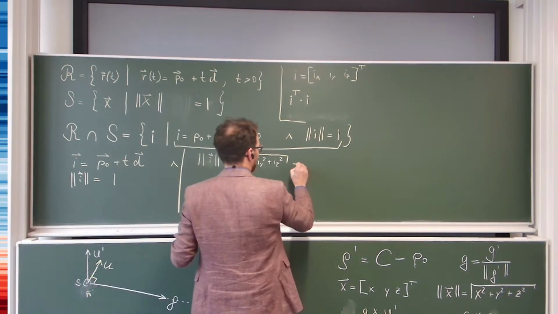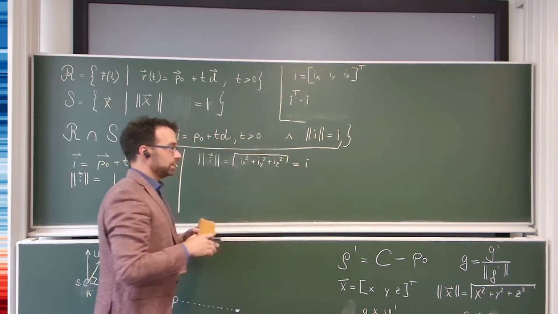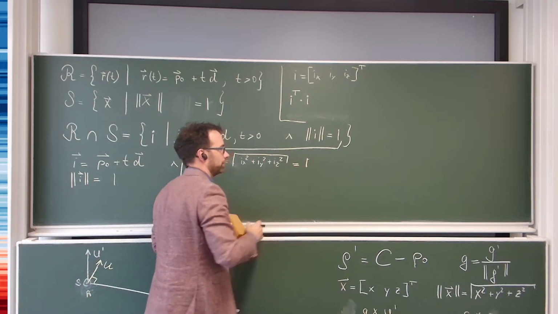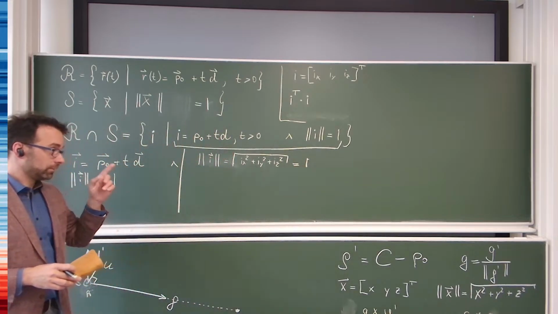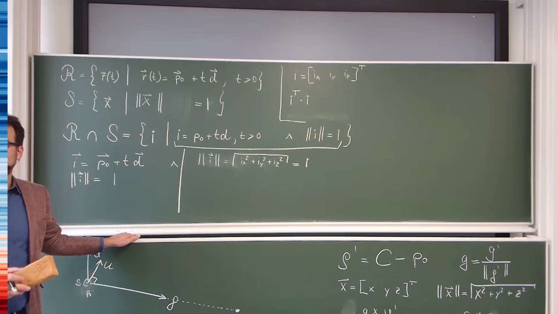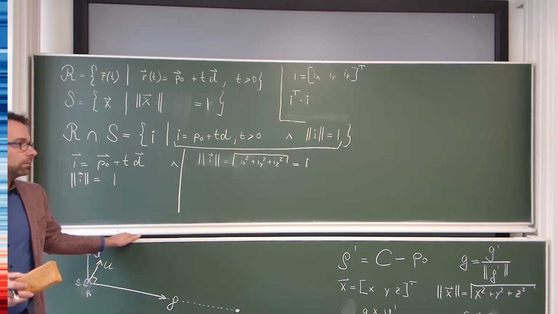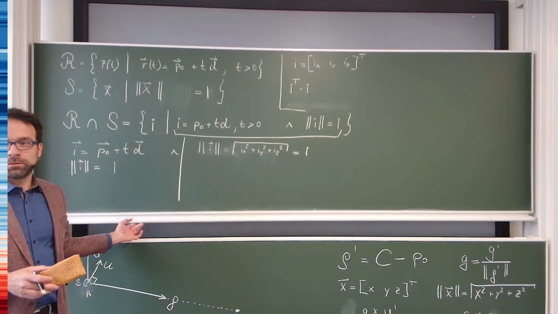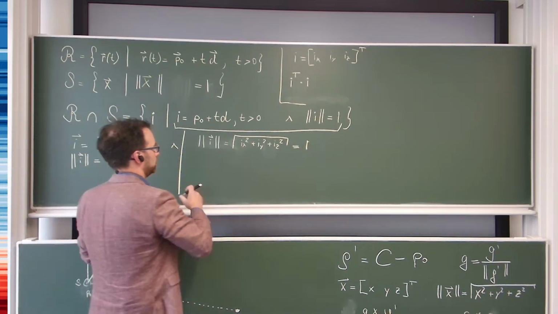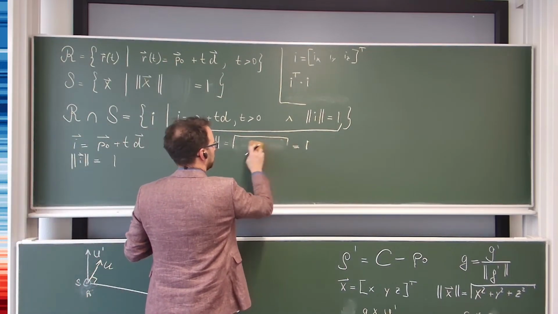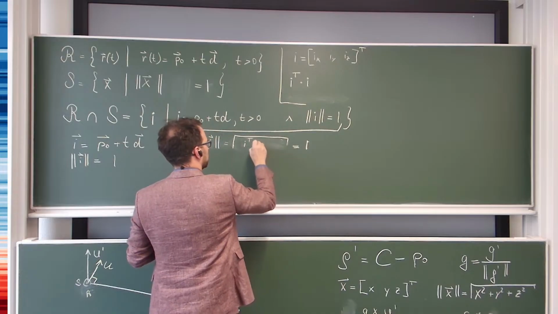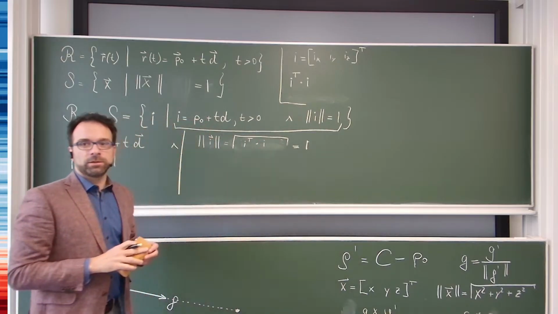And then if we say this is 1, do I need the square root? Do I really need the square root? Do I really need to write the length of I is 1?